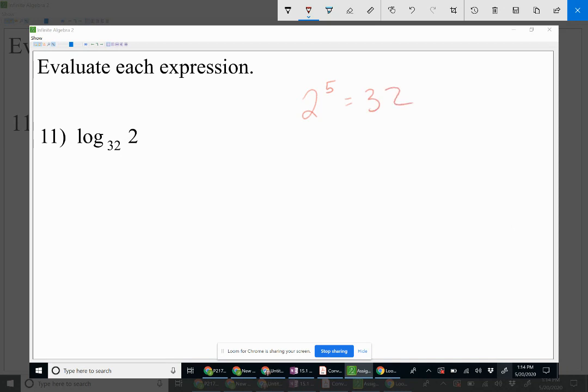Okay, that's not our answer, but that's going to be helpful. Let's do the whole swirly thing this time. 32 to what power equals 2? Well, if 2 to the fifth is 32, 32 to the 1/5 equals 2. So our answer here is going to be 1/5.